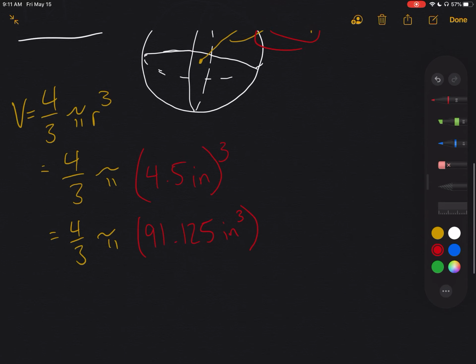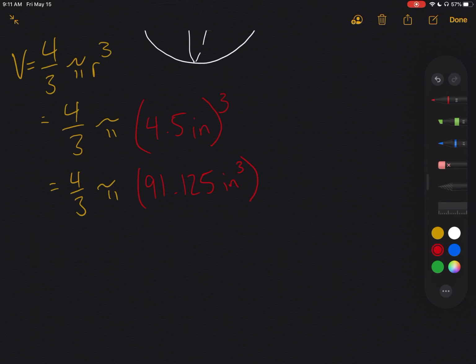All right, and then we'd want to simplify more, so I'm going to combine that and the fraction, and if I do that, then 4/3 times 91.125 is equal to 121.5 pi, and we don't want to forget about the inches cubed.